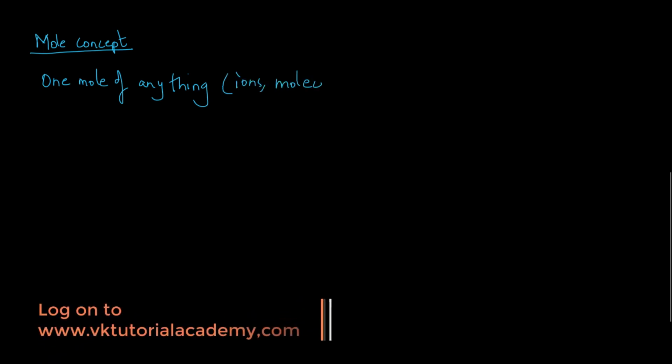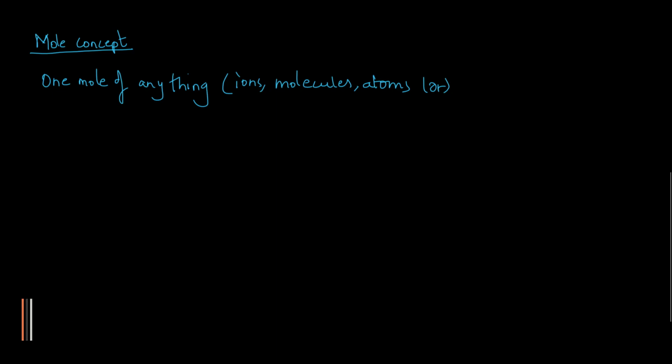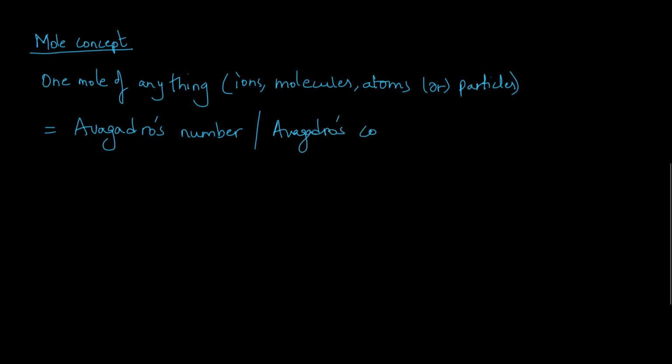What does mole concept say? 1 mole of anything, be it ions, molecules, atoms, or particles, they all belong to one number that's called Avogadro's number or Avogadro's constant.